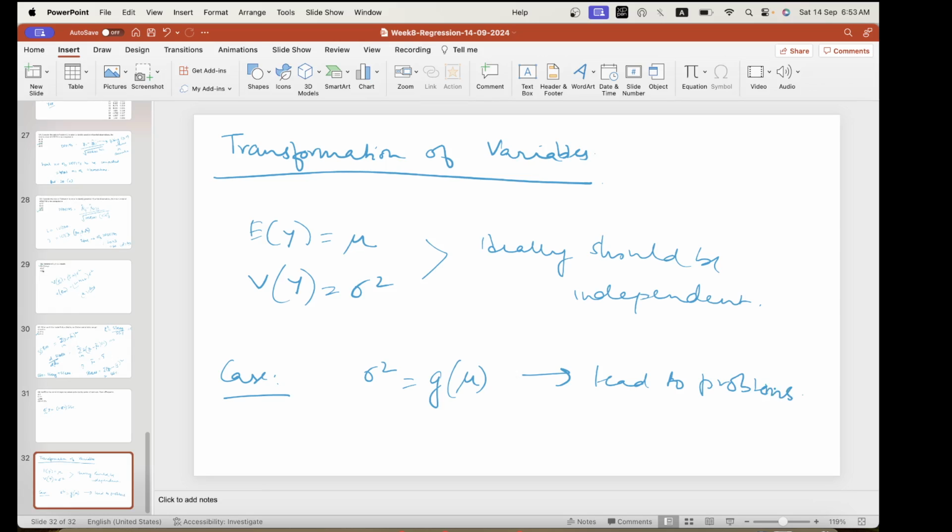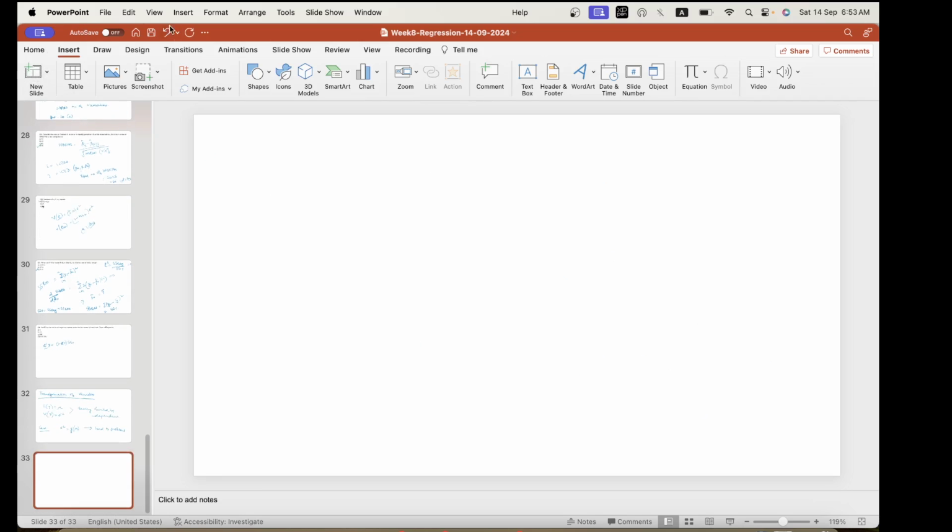Alright, now how do we go about transformations so that this problem is circumvented? The thing is, we have to do some sort of transformation on the y variable.